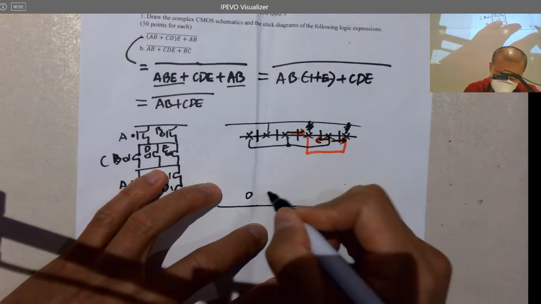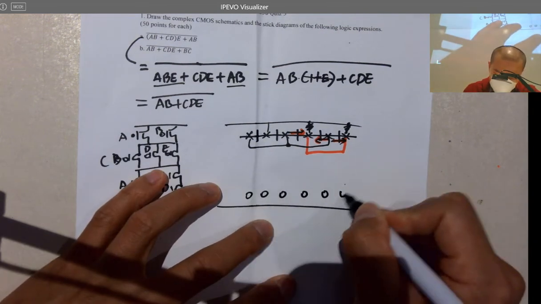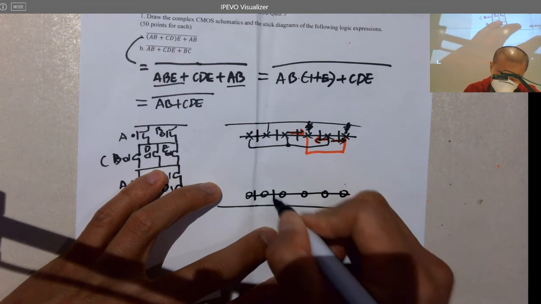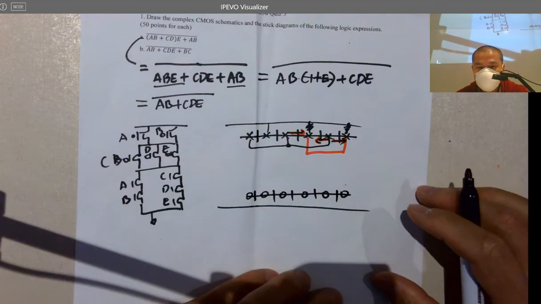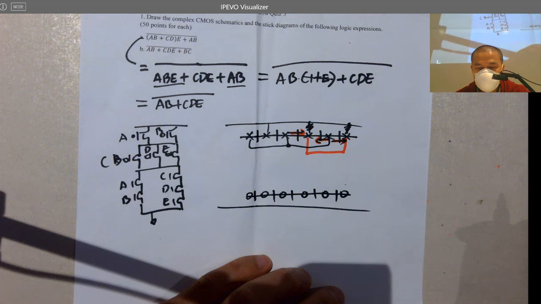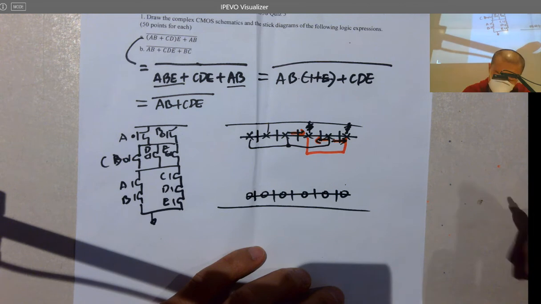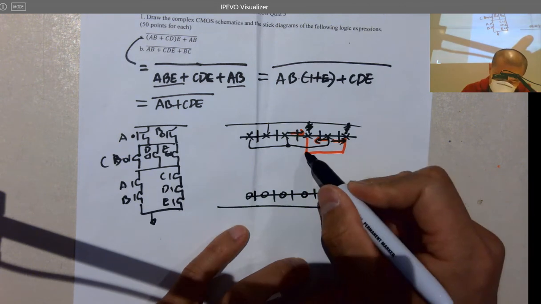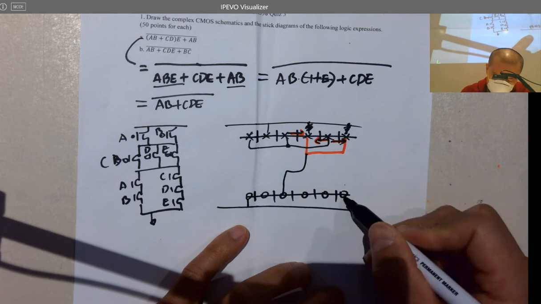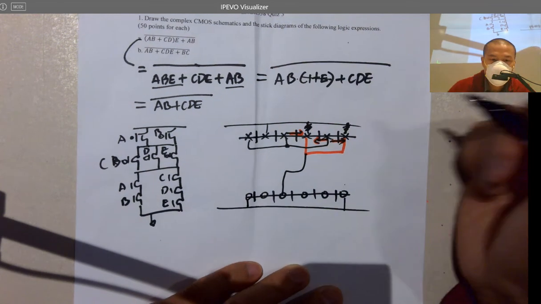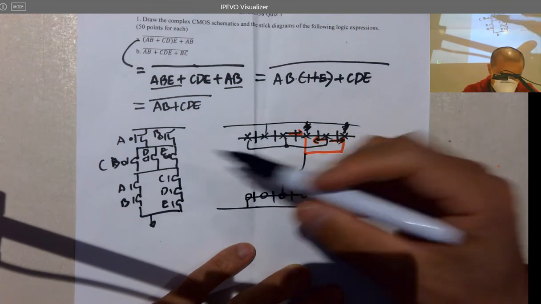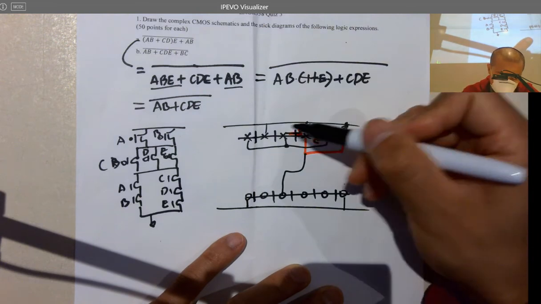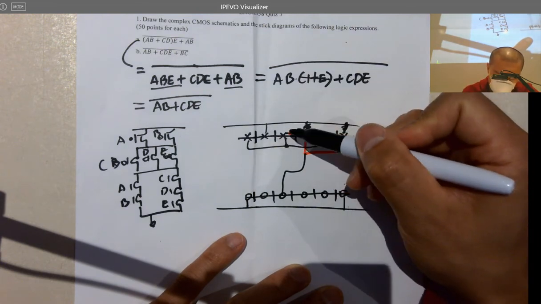And then 1, 2, 3, 4, 5, 6 for the NMOS. That's easier. And that's it. So you got A, B. Which one is A, which is B?